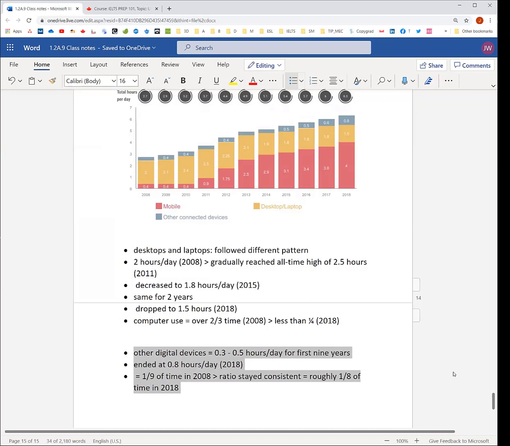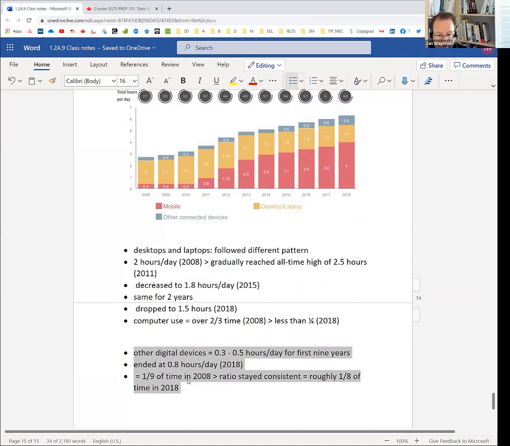So made up. Other device use. Yes, other device use. Made up, constituted, comprised. Made up 1/9 of time in 2008. And staying consistent, roughly 1/8 of the time in 2018.